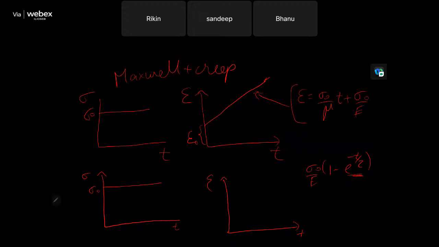So it will approach a value of sigma naught by E at t equal to infinity. So it will be something like this. This is Kelvin plus creep. Are there any other questions?